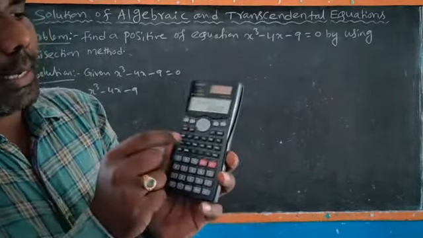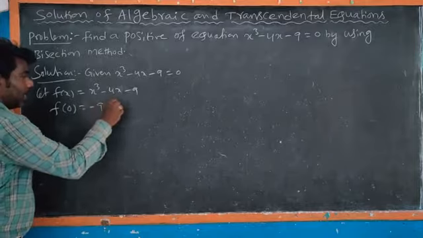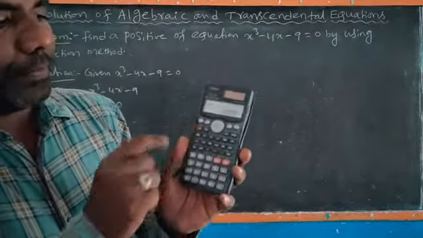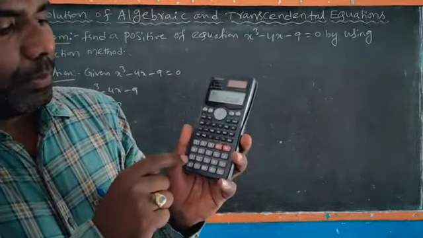Then on the calculator, first we have to verify opposite signs. Okay. Now starting values 0, 1, 2, 3, 4, and so on. Put x equal to 0, that equals minus 9. So f of 0 is minus 9, less than 0. Next, put x equal to 1, then minus 12.